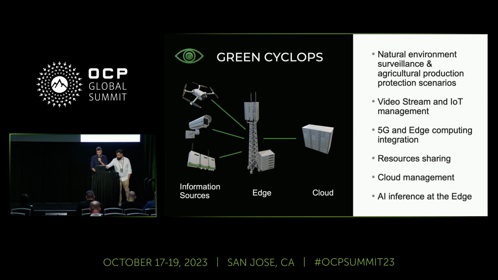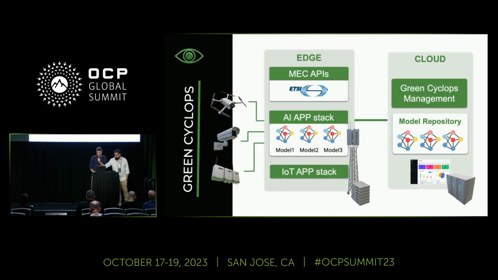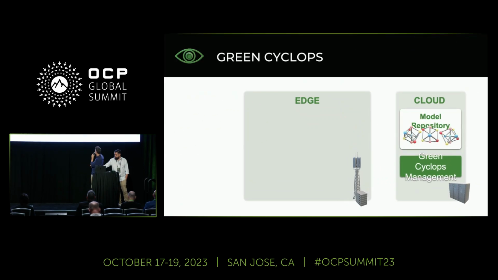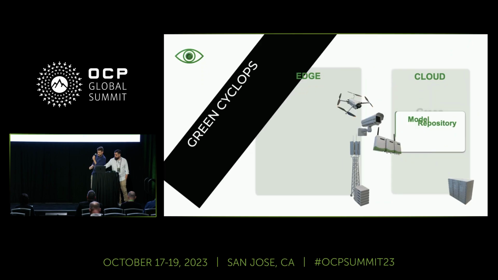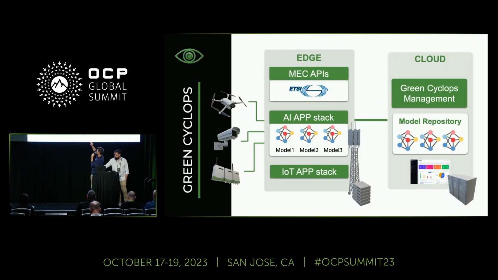We have two, a cloud management, where we can see all the different models of our solution. We have the MEC services used to retrieve information about the location, the power and quality of the signal, and so on.